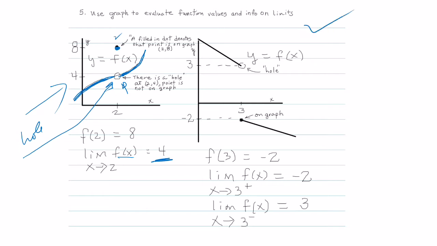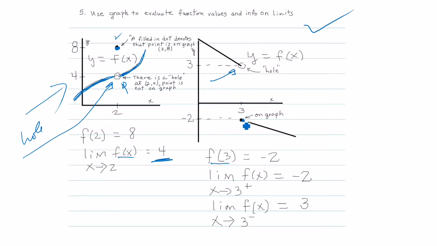Another graph here. We have a hole in it, and we have a point here that's on the graph. Notice that this function is very jumpy and not continuous. Function of 3 is equal to minus 2.